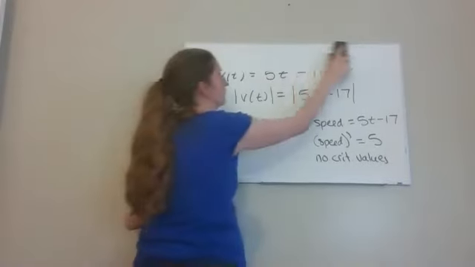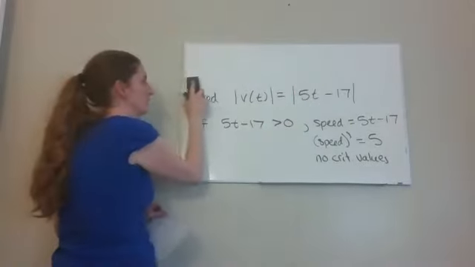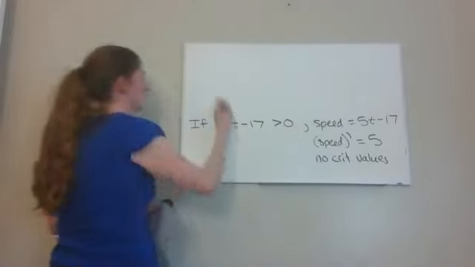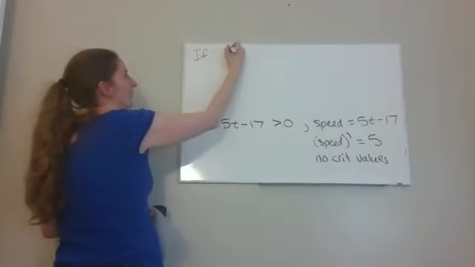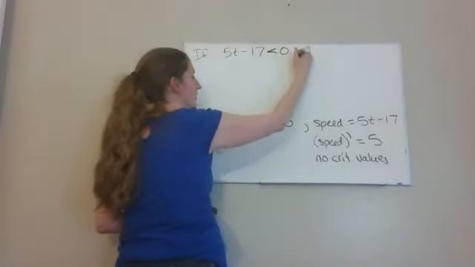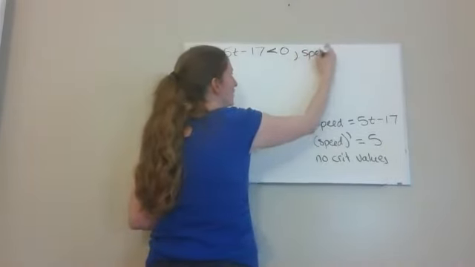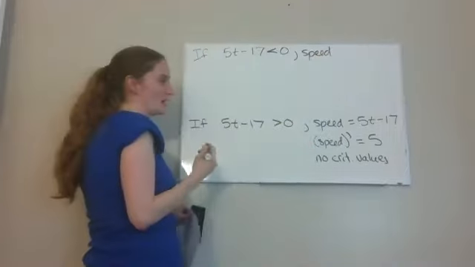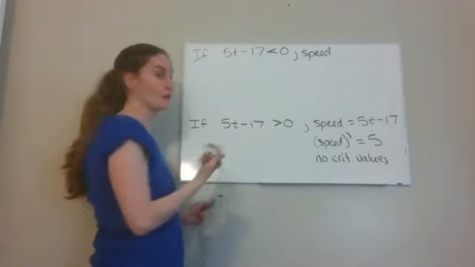Similarly, if my 5t minus 17 is a negative number, well then my speed, which is the absolute value of that negative, would be the positive version.